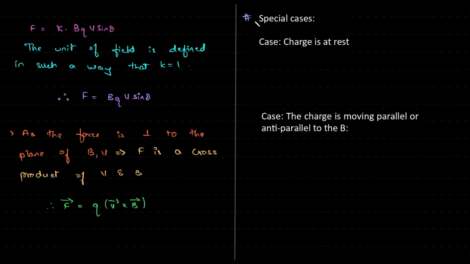Now, special cases. Here the charge is at rest, the very first one. So here V will be equal to 0. So the force will be equal to 0. The charge is moving parallel or anti-parallel to B. So here theta will be equal to either 0 degrees or 180 degrees. And therefore F will be 0 as sine of 0 is 0.